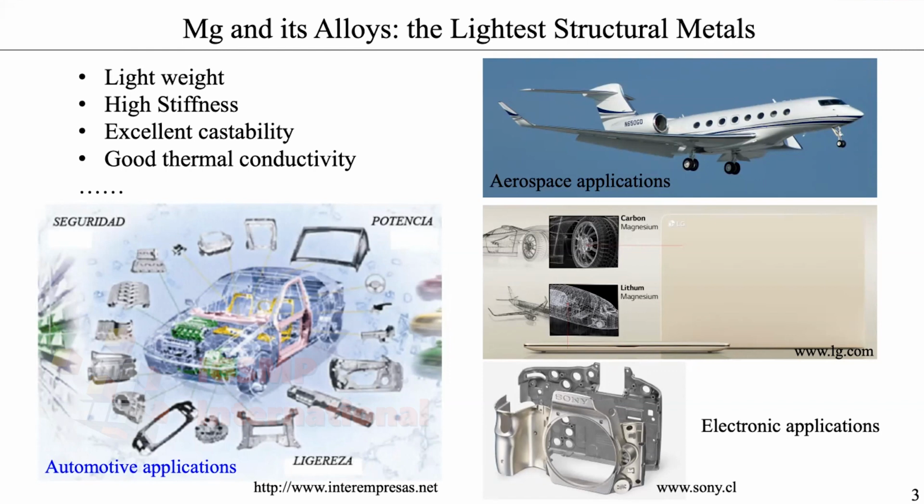Besides that, it has also been used in electronic applications. Just in case you haven't noticed, some of your laptops and the shells of your cameras are actually made of magnesium. That's because it also has very good castability, so we can cast these materials without high plastic deformation, such as extrusion, compression, or standard forming procedures.